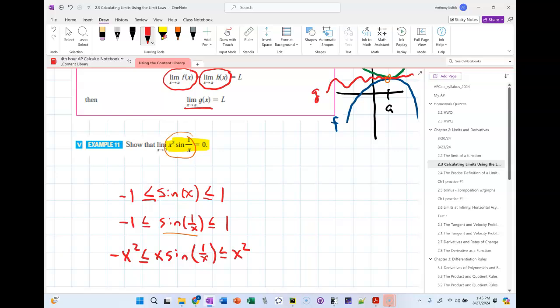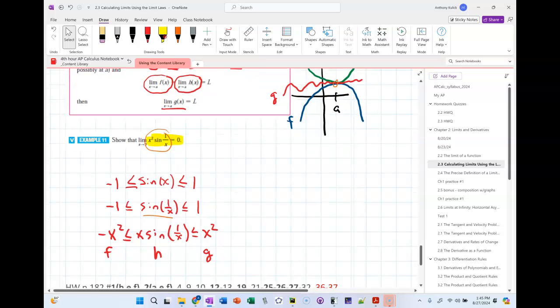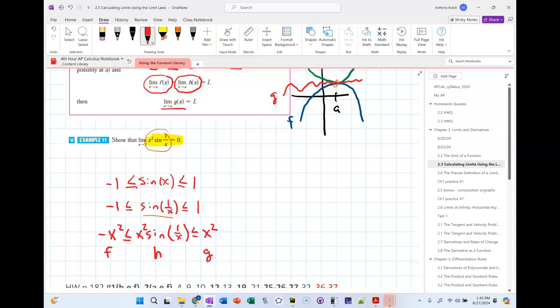So this now is my f, that's my g, and that's my h for my squeeze theorem. Is everybody cool with the setup? So I'm multiplying everything by x squared.